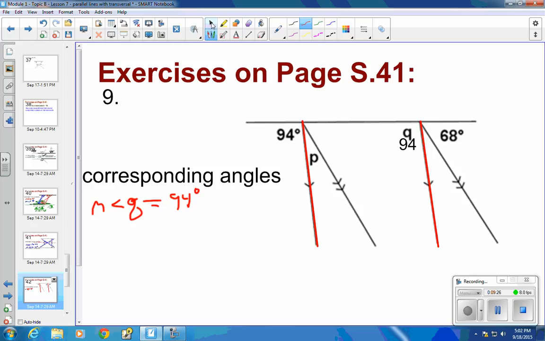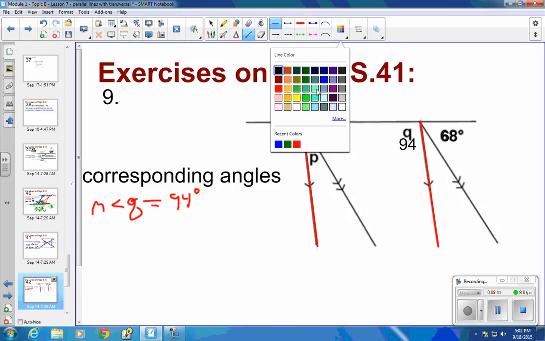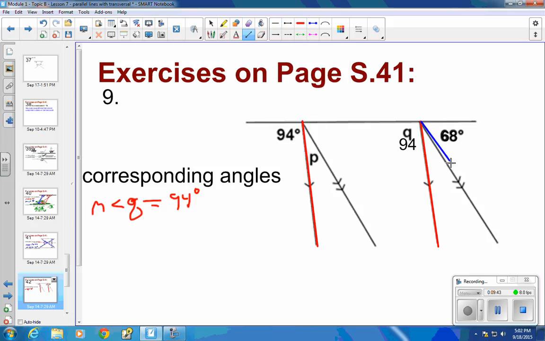Then I can do something similar with that 68. Put that 68 over here and shrink it up some. Okay, there's 68. And the 68, if I look at that one as a blue line, so this line here is parallel to this one over here.